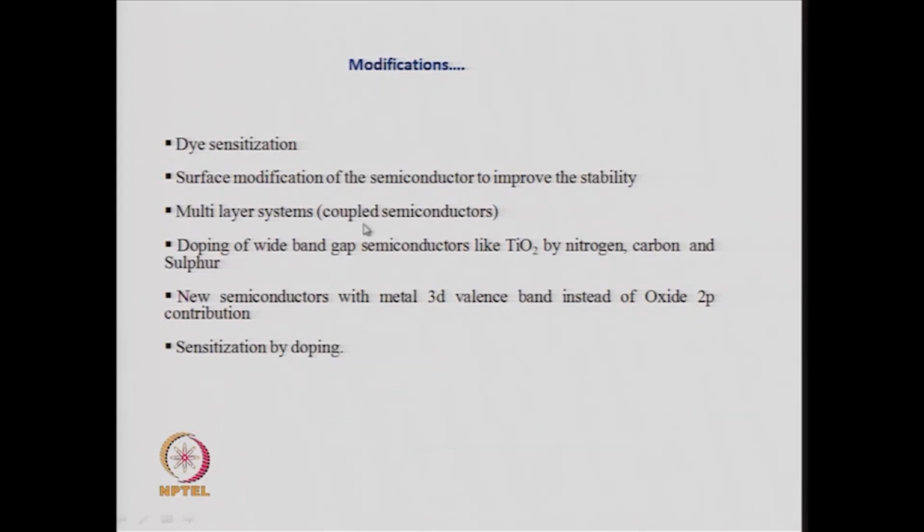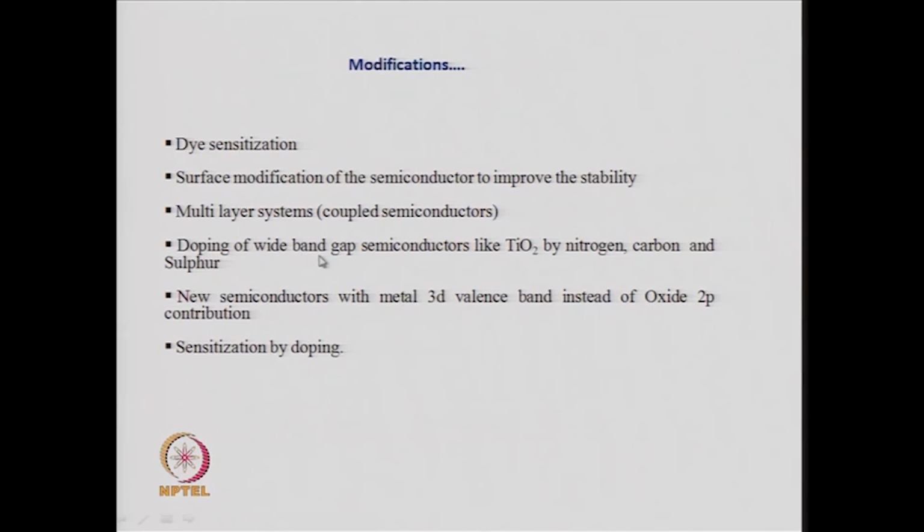You can combine two semiconductors. So, they form multi-layered systems. Then you can dope wide band gap semiconductors like TiO2 with nitrogen, carbon and sulfur. So, you will have states within the band gap, and those states can then act as traps, which can be at a lower level than the conduction band of the semiconductor and can be useful in transfer of electrons.